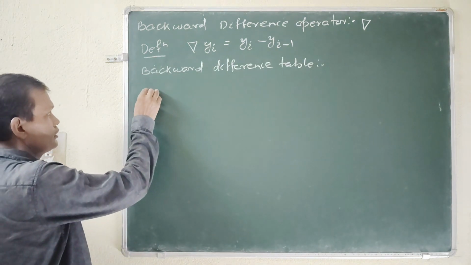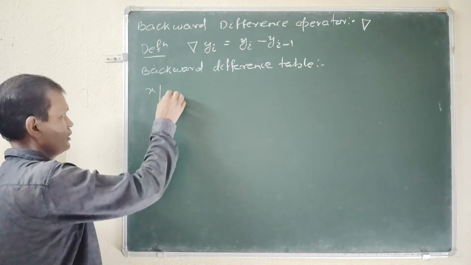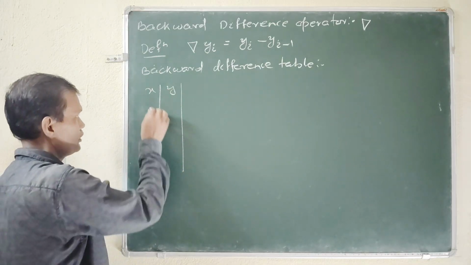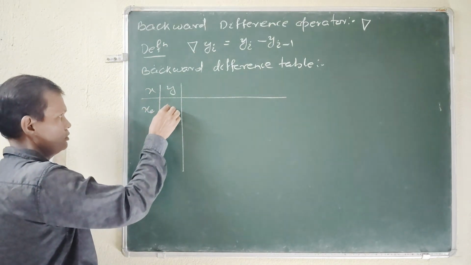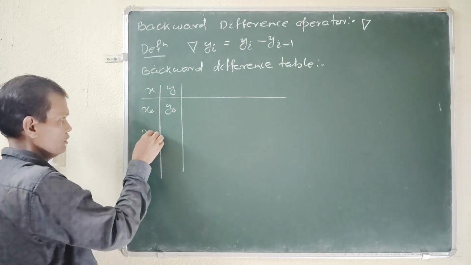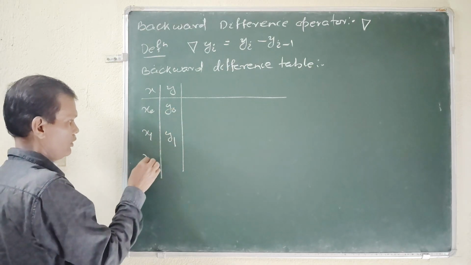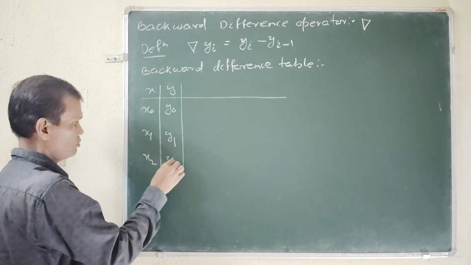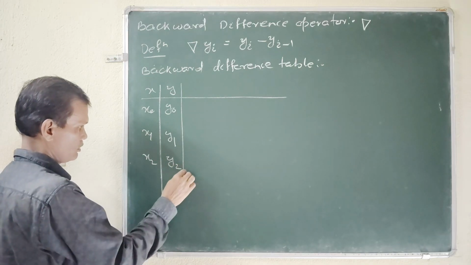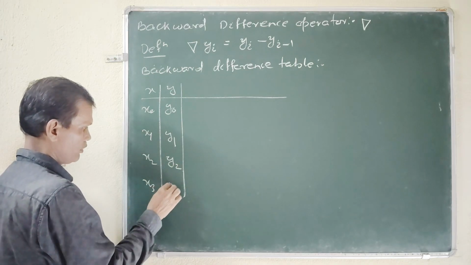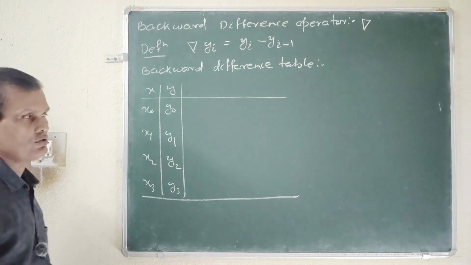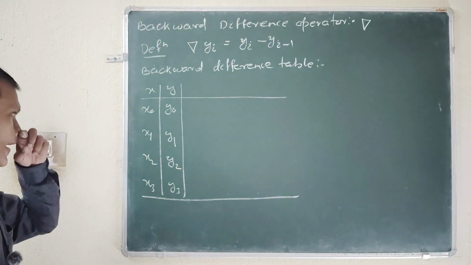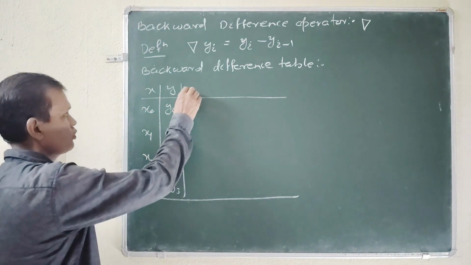Consider the set of data, this is x and this is y, say x0, y0, x1, y1, x2, y2 and x3, y3. Like our forward difference, here also we use the same new minus old, but the notation is different.